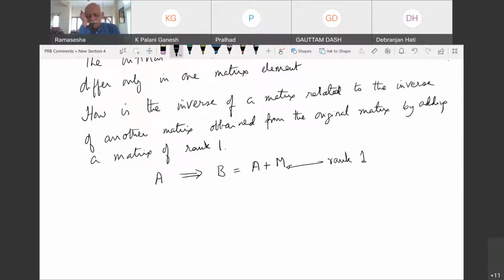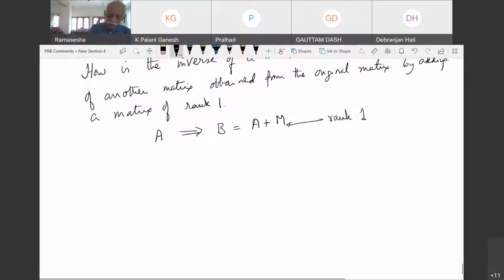It is the largest sub-square matrix which has non-zero determinant. If the largest submatrix has non-zero determinant, then the order of the submatrix is the rank of the original matrix. So that's what we mean by rank of a matrix. So how do you know whether a matrix has rank 1?